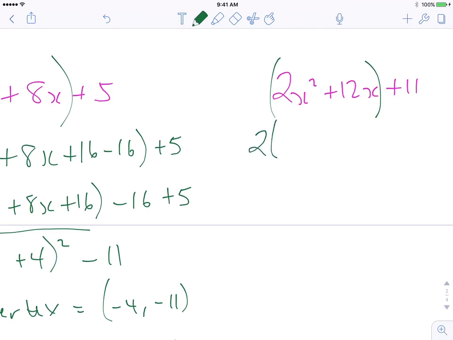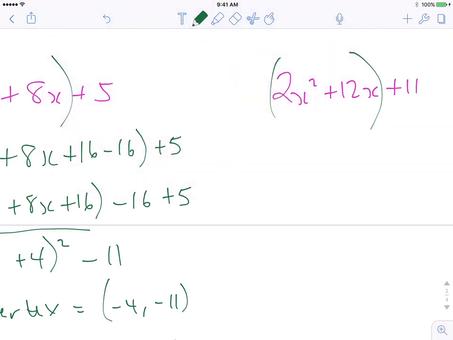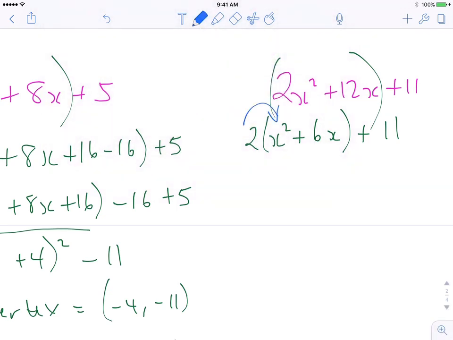Take the 2 out: 2 times x squared plus 6x, plus 11. So all we did is GCF the first two terms. We still haven't changed anything because if we use the distributive property, we know that 2 times x squared is 2x squared and 2 times positive 6x is 12x.